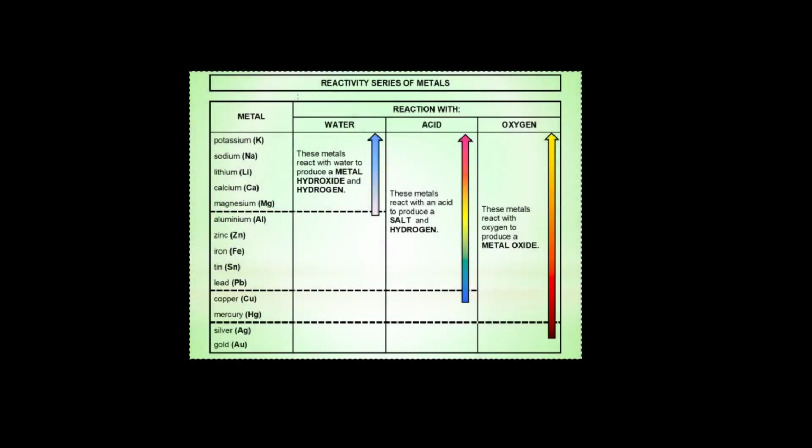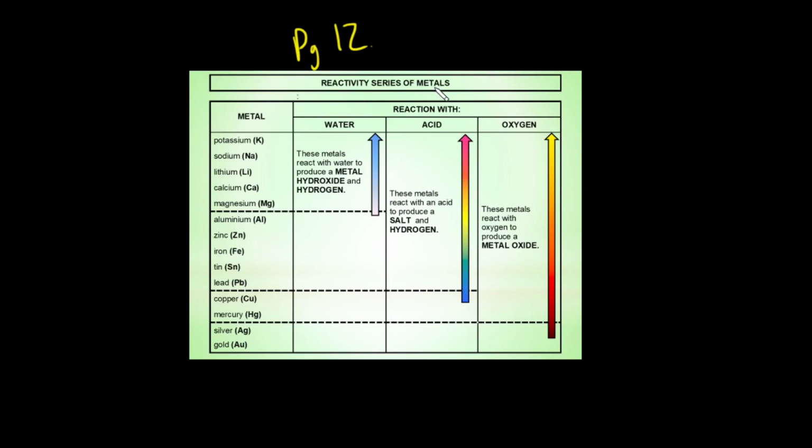Now, at the back of your data booklet on page number 12, you will have a page that is not too dissimilar to this picture here, where we have got something called a reactivity series of metals.